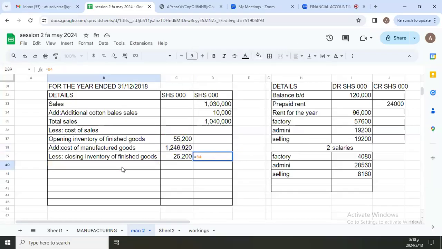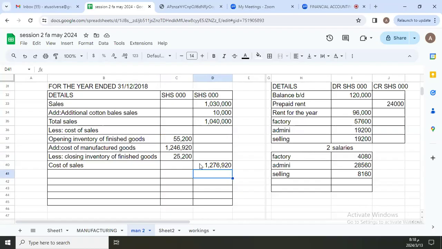Here we shall get our cost of sales. Our cost of sales, therefore, is this plus this minus this. I get 1,276,920.